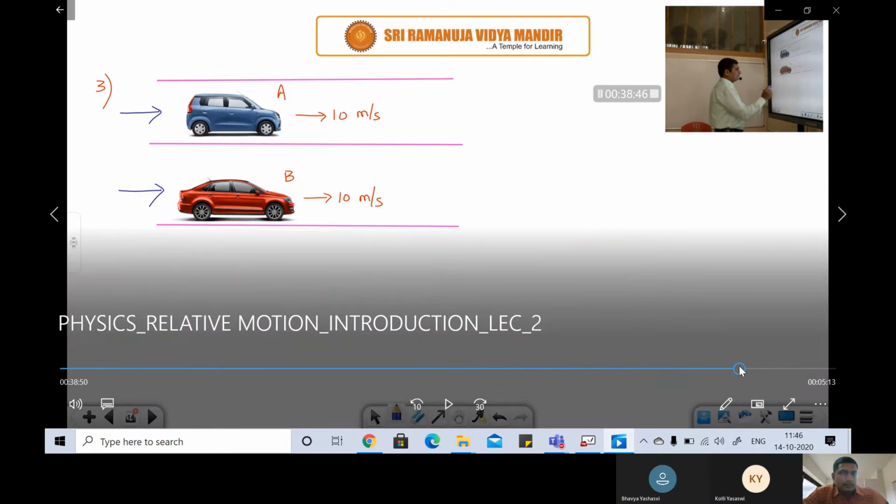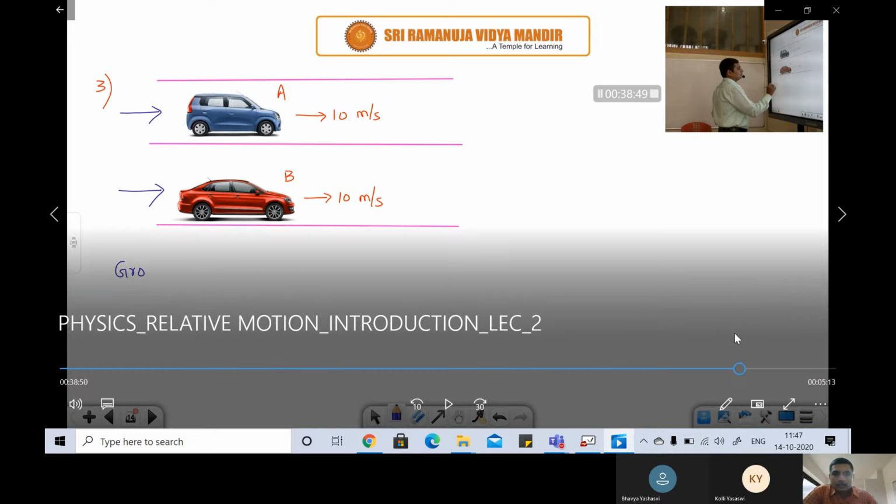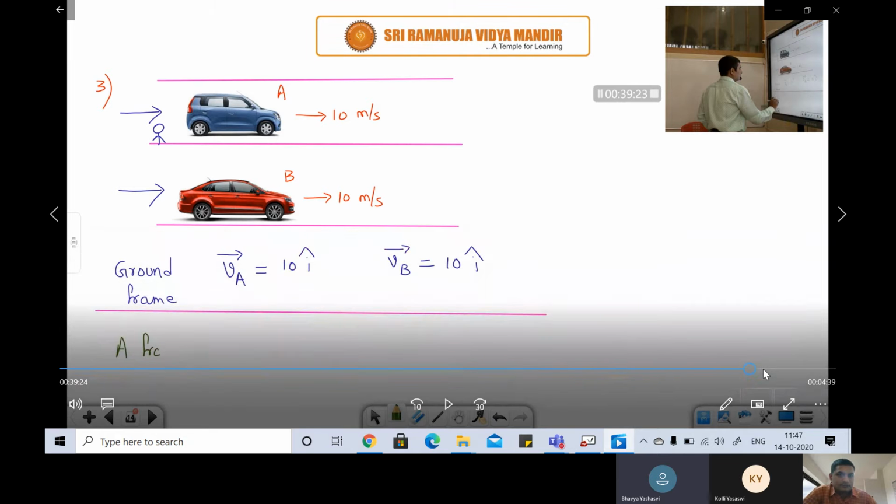So now suppose, let's say another example. Here, blue car and red car both are moving right side, 10 meters per second and 10 meters per second. Correct?